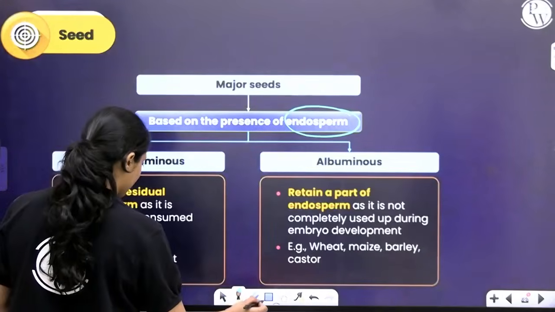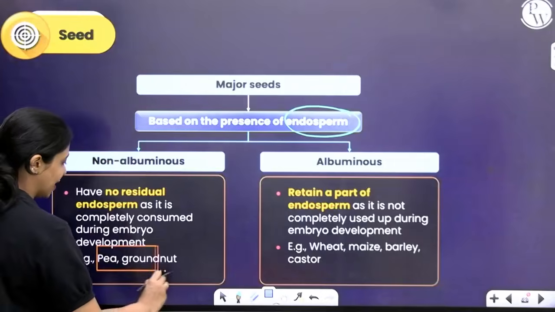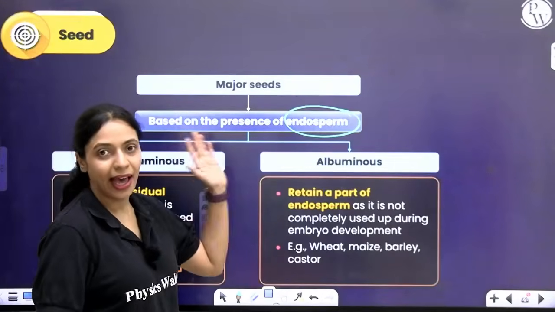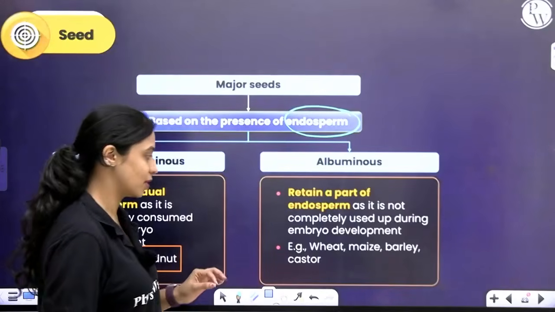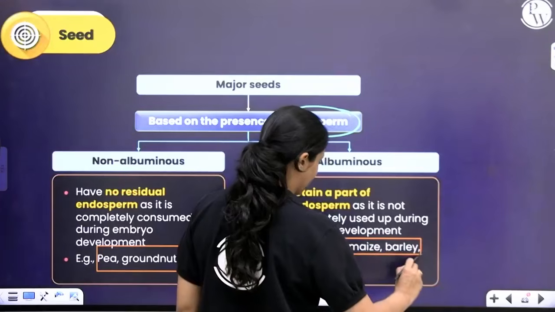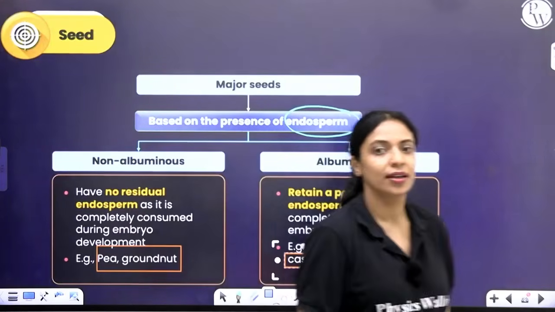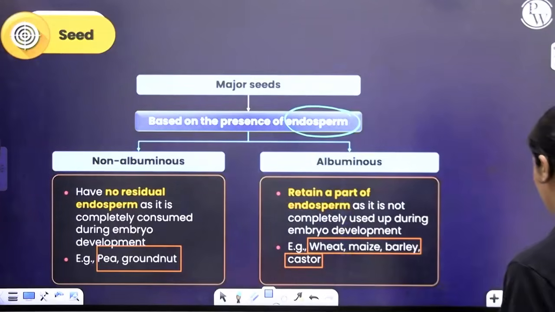Examples of non-albuminous seeds are pea and groundnut, where endosperm is not present at maturity. Albuminous examples you can see mostly in monocot plants, and in castor also. So in mature seeds of wheat, maize, barley, which are monocots, and also castor, which is a dicot, even at maturity some amount of endosperm is retained within the seed.